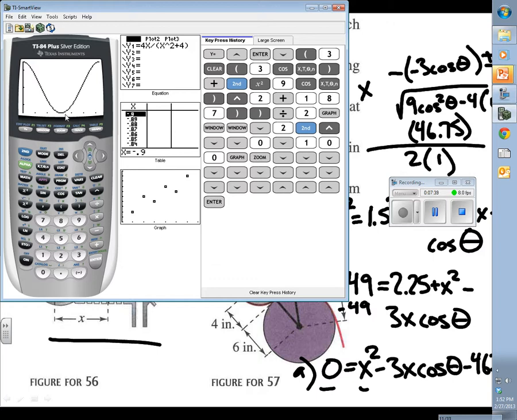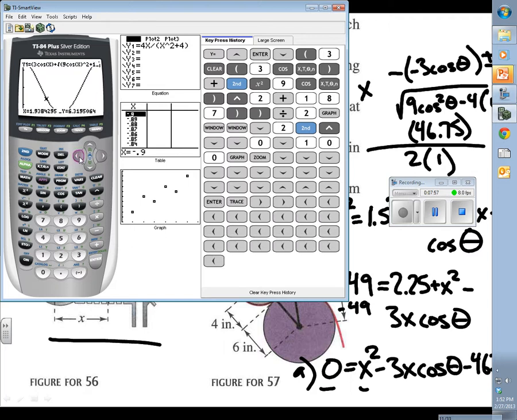And so then part D says use the graph in part C to determine the maximum distance the piston moves in 1 cycle. Okay, so the lowest it is right here. If we do the trace on that, it looks like our lowest point is 5.5. And let's go up and find the highest point on here.